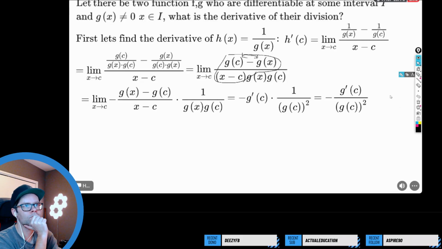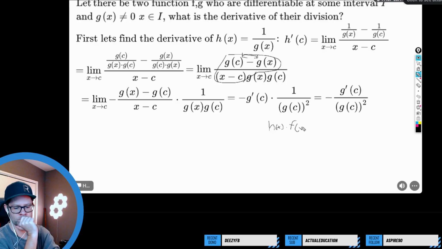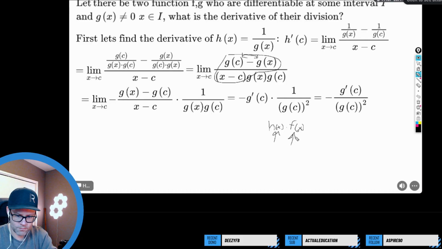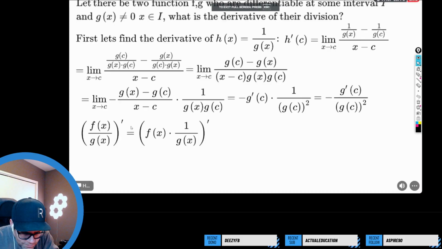And with this, now that we have our product, if we take the derivative of h of x times f of x, because we have the derivative of this and the derivative of this with the product of derivatives, we can find it. So if we take it, we can split it like this.